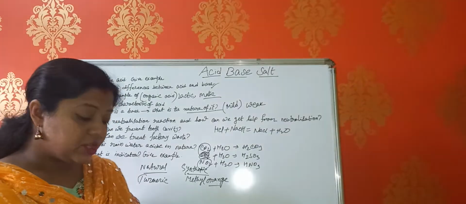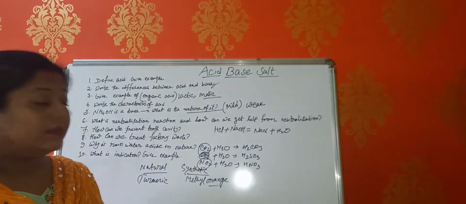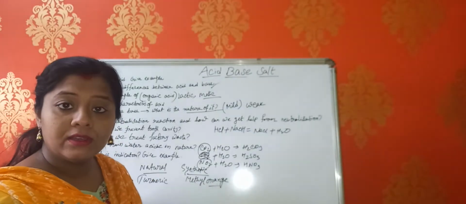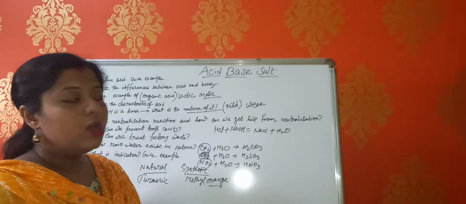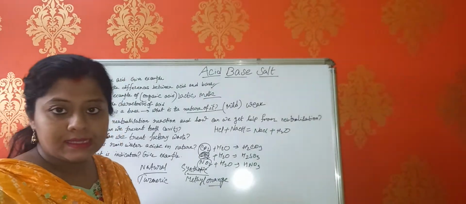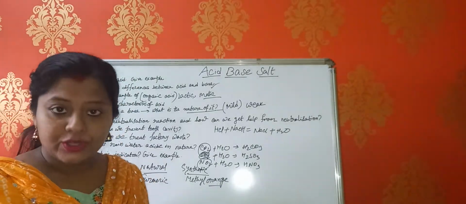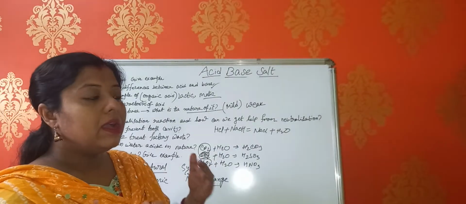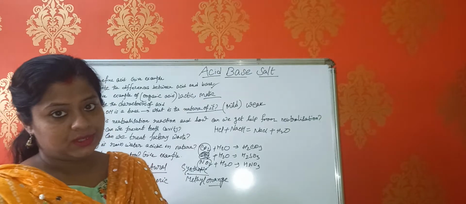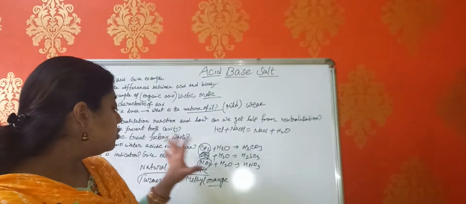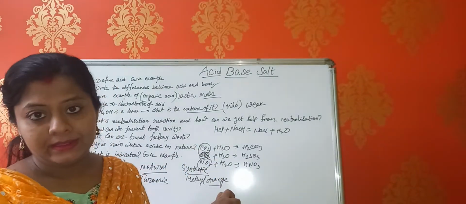What is their function or role? They change their color to make us understand which one is acid and which one is base. And at the time of titration, when we are doing the experiment to understand neutralization, at that time also we use the indicator.